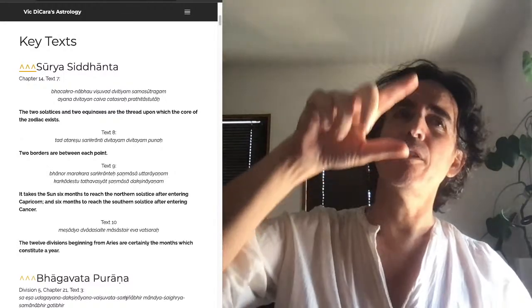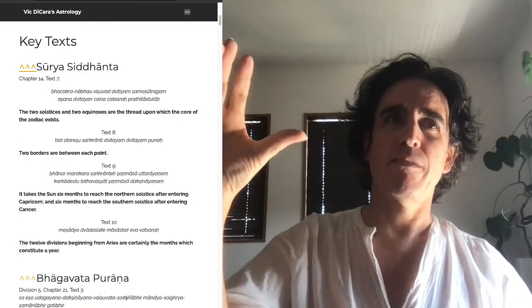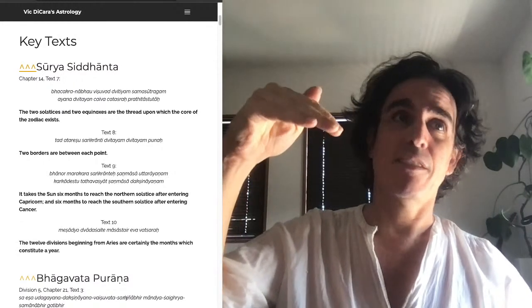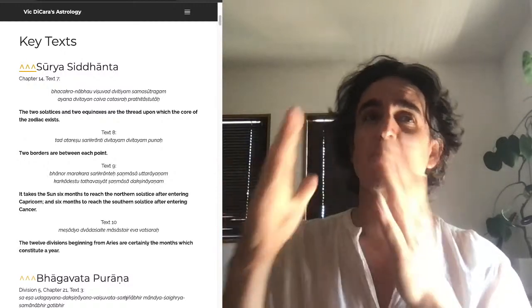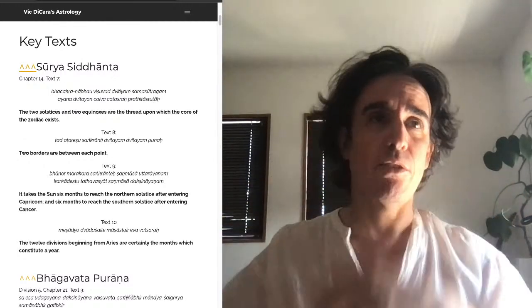So the zodiac wheel is the sun's apparent orbit, and the divisions of the wheel are the 12 months of the year. The reason why there's 12 months in the year is because there's 12 divisions established by the 4 cardinal points being subdivided twice.